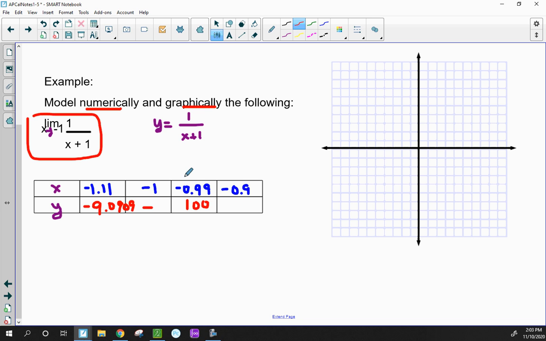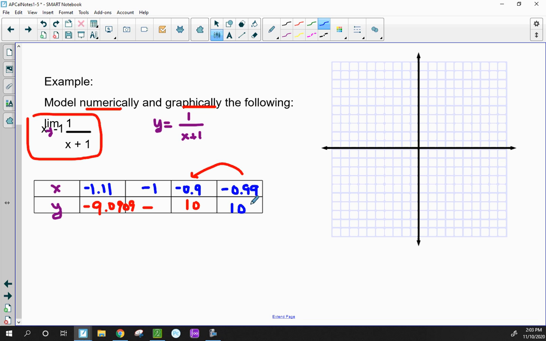Oh, I should switch these. Sorry about that. We're going to take care of that mistake quickly. So this one's 10, and this one's going to be 100.